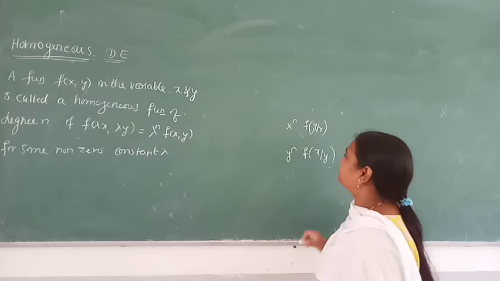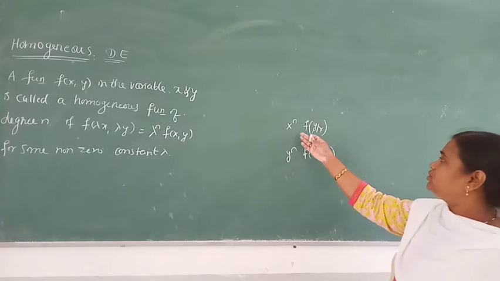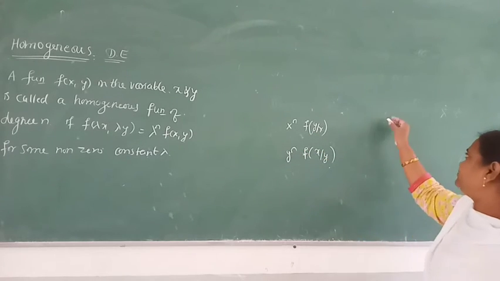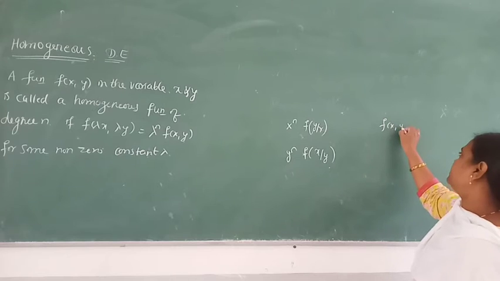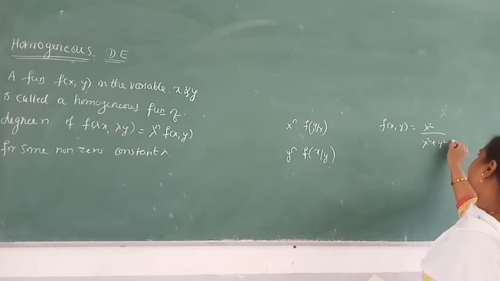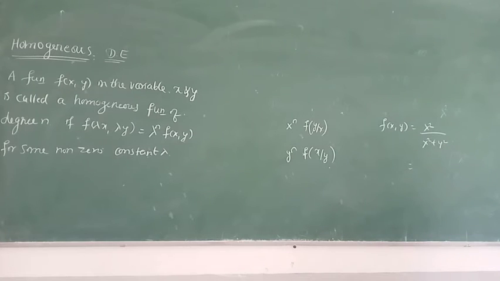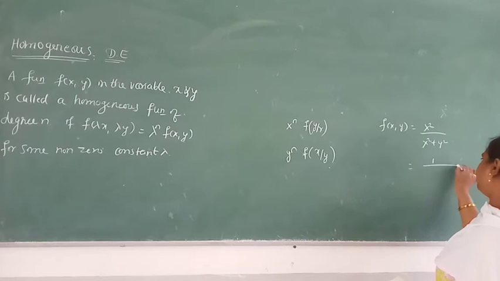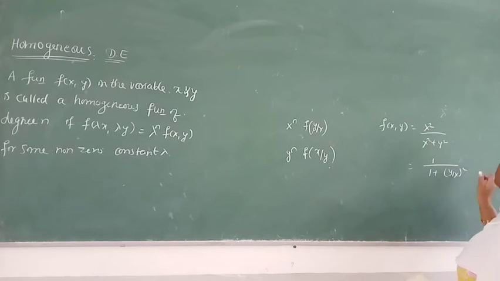Means the function can be converted in the form of x to the power n f of y by x. What we have done here: f of x y is equal to x square by x square plus y square. Means if I do the division, what we get is 1 divided by 1 plus y by x the whole square.